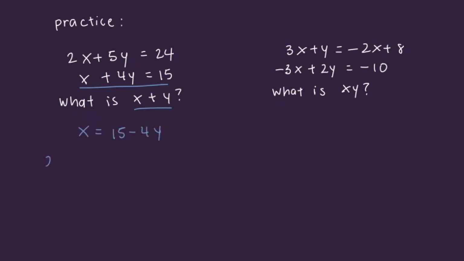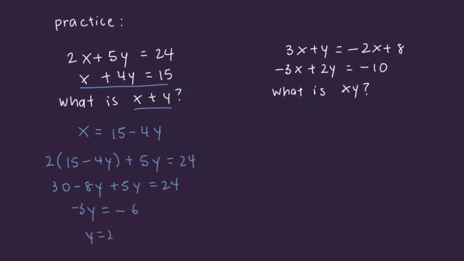Plug in x, we have 2 times (15 minus 4y) plus 5y equals 24. 30 minus 8y plus 5y equals 24. We have negative 3y equals negative 6. y is 2.